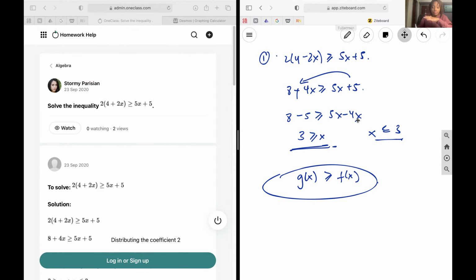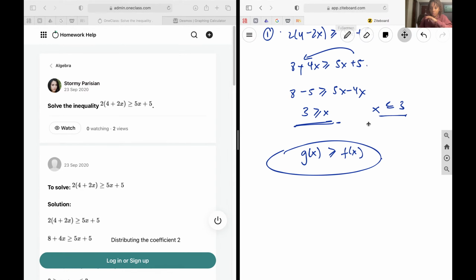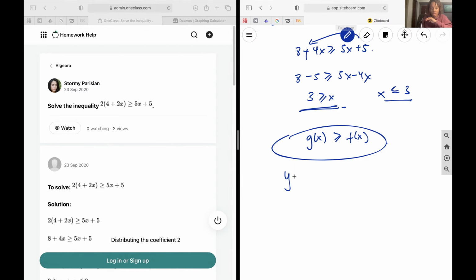So before I go to Desmos, I can just solve this quickly in my head. I remember that the general form is y is equal to mx plus b, m being the slope. So for g of x, where I have 4x plus 8, and for f of x, where I have 5x plus 5, I can already see that this function is steeper than this function.